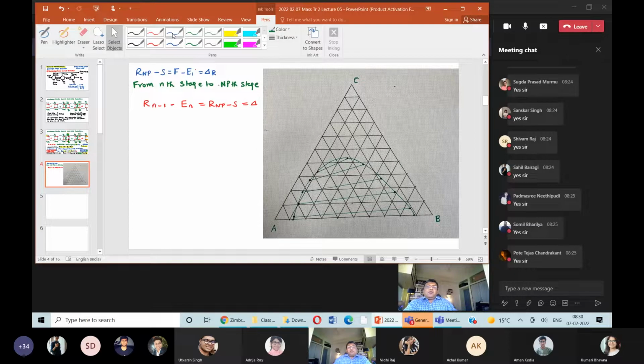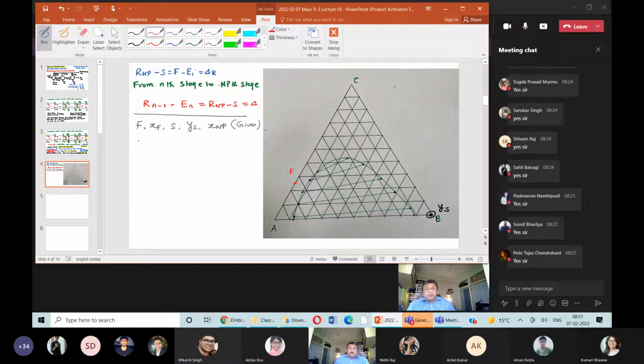Now, what are the things given? Given are F, X_F, S, Y_S, and X_NP. These are given. So on the graph, we can start locating. Let's say this is our point Y_S. Use a bright color. Let's say this is our point F, and this is X_F, right?